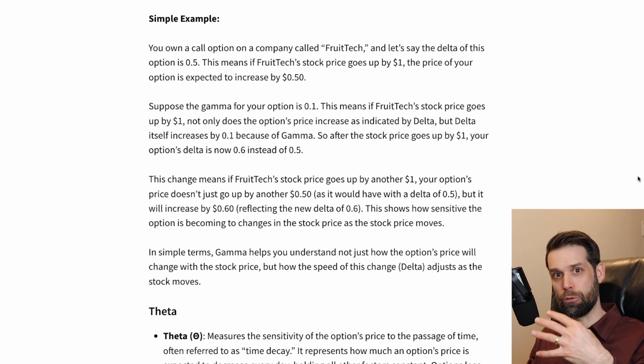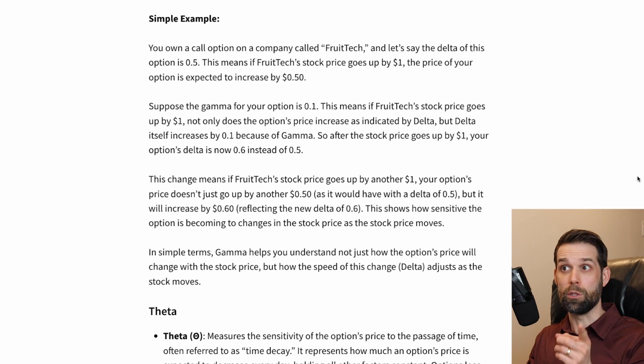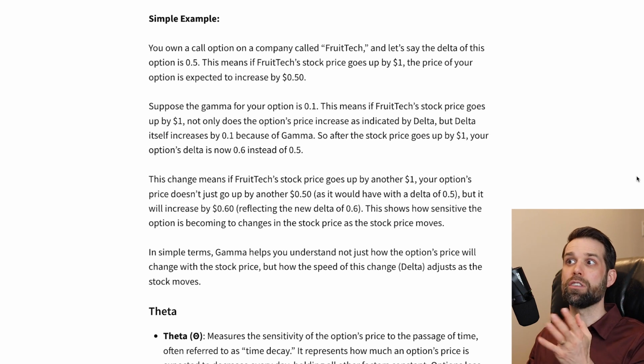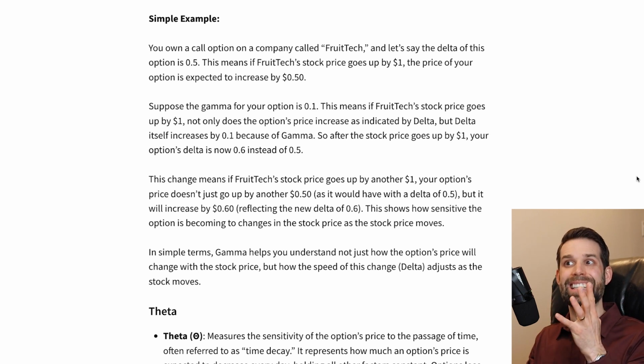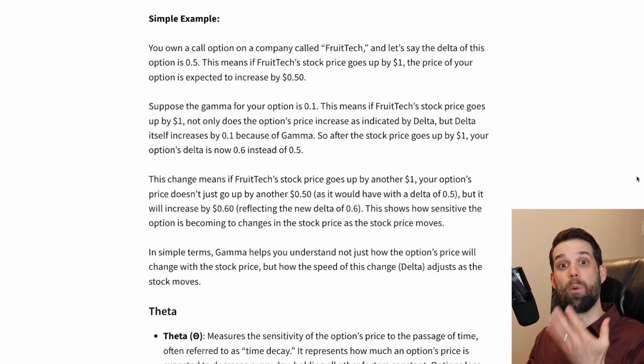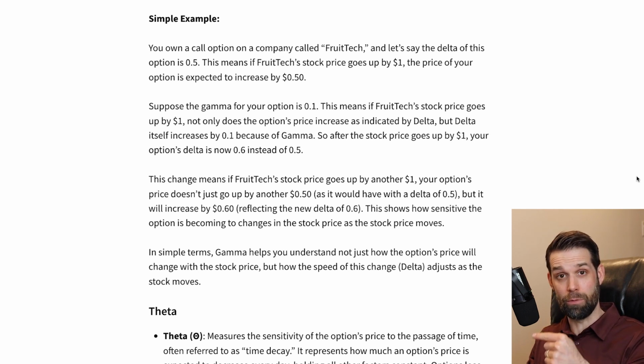Remember, gamma is the accelerator. So the speed is delta, and the gamma is the accelerator, and it's going to affect delta moving forward. So it's going to go up by 0.1 because that's what gamma is for that option. So after the stock price goes up by $1, your option's delta now is going to be 0.6. It's going to be 0.5, the original delta, plus the added gamma.